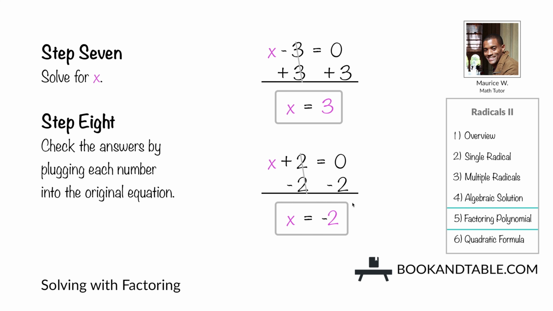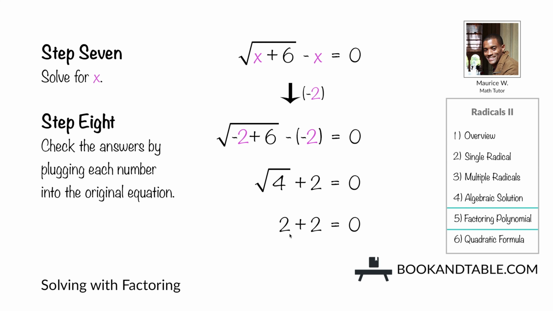And now lastly, step 8, check the answers by plugging each number into the original equation. So that was the square root of x plus 6 minus x is equal to 0. We first want to check -2 by plugging it in both places where you see x. So that gives you -2 plus 6, which is 4.